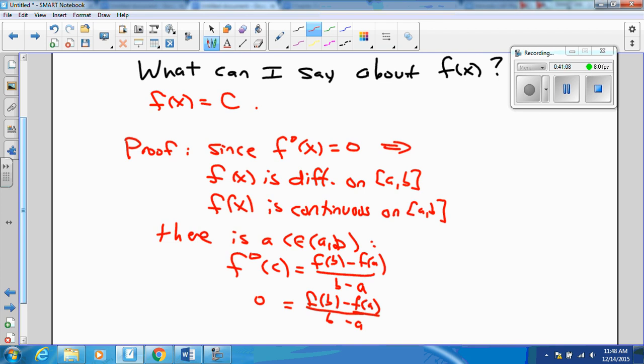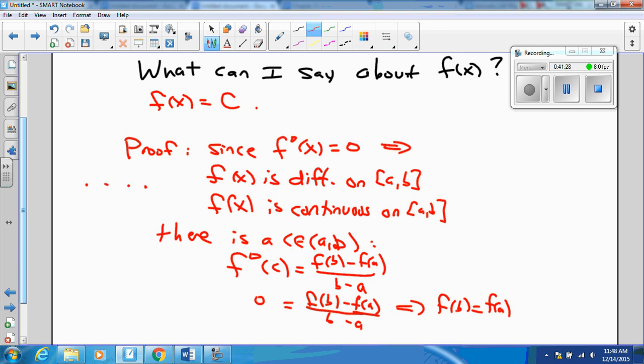If I have a fraction equal to 0, what has to be true about that fraction? The numerator is 0. And if the numerator is 0, then what has to be true about f of b and f of a? They have to be the same. But wait, there's more. That gets me that f of b is equal to f of a. That's just the inputs, here and here.